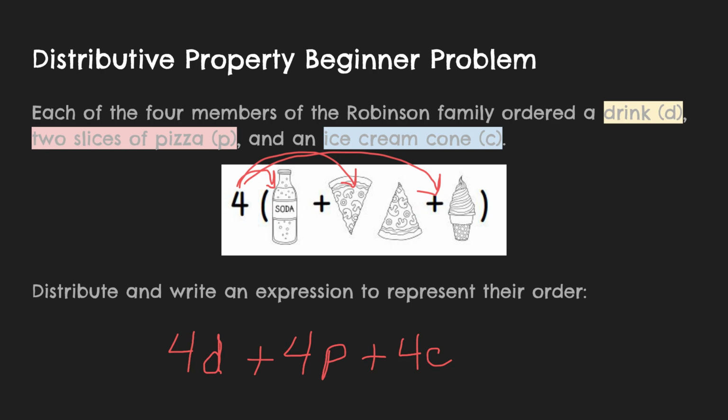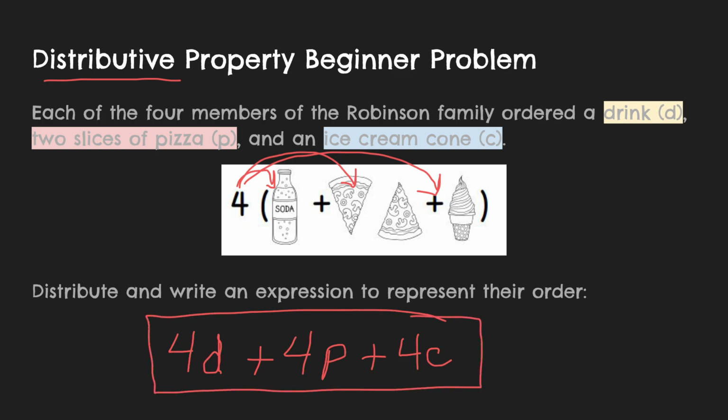We are distributing that 4 across the parentheses. We're multiplying it times the soda, then times the pizza, and then times the ice cream cone. Then your expression would be this one down here: 4 drinks, 4 sets of pizza, and 4 ice cream cones. And again, we're going to do some more thinking on this one.